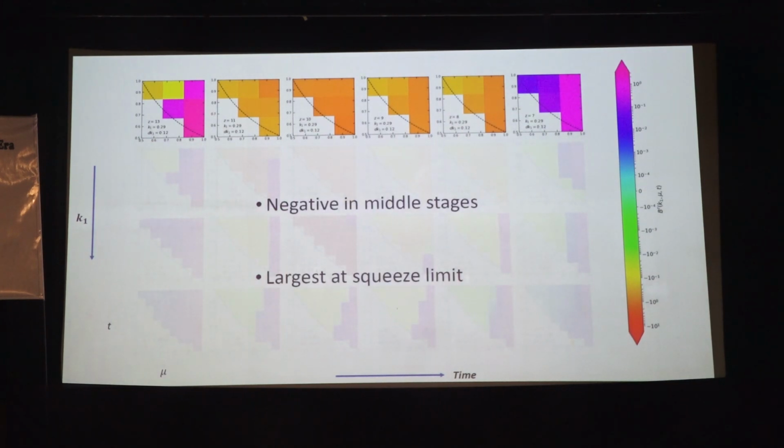For small k1 there is a negative sign in the middle, and it is largest. It is positive at z of 13 and 7, and the bispectrum values are higher at the squeezed limit.